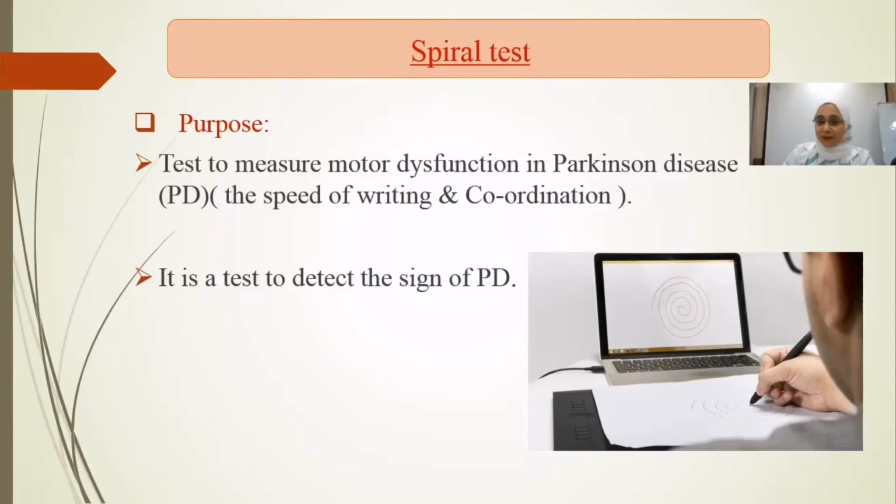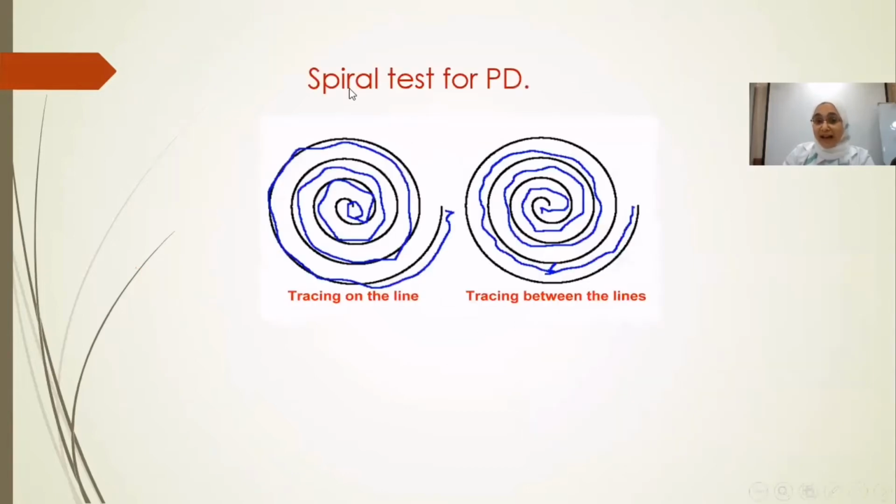So we will have this drawn spiral, and we ask the patient to trace on the line or between the lines. You can see the tremors and the inconsistency of movement in Parkinson's. We start the timing once the patient starts to draw, whether from inside or outside, it doesn't matter.